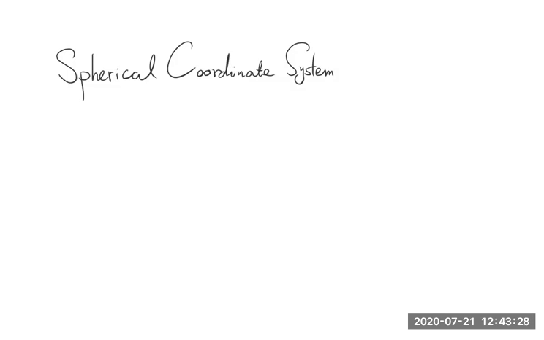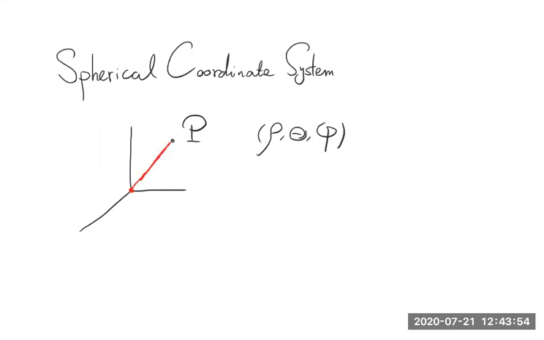Okay, so in spherical coordinates, a point, say P, in space is represented by a triple, which we show with rho, theta, and phi. And what are these numbers? Well, rho is the distance between P and the origin.